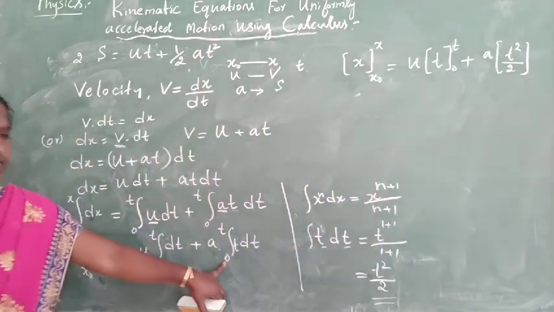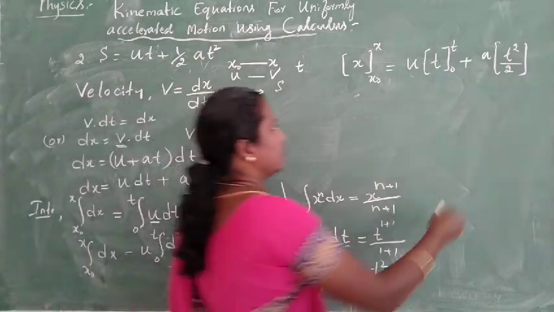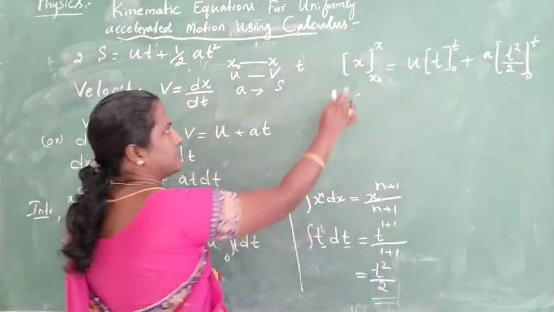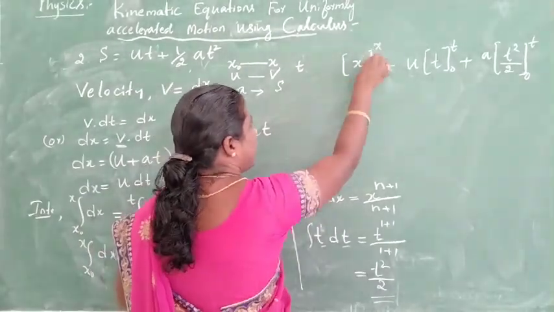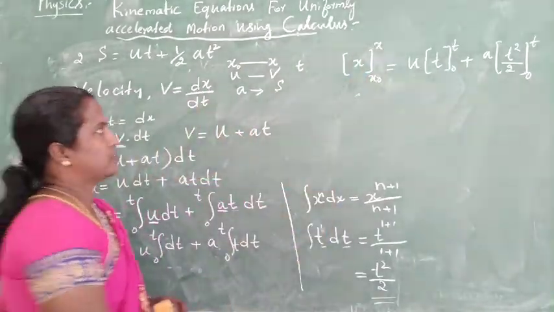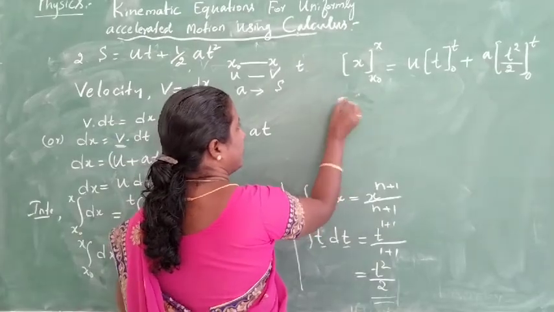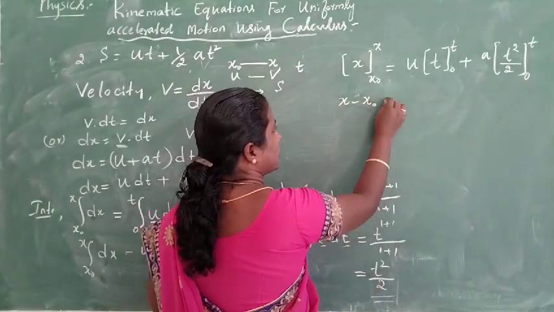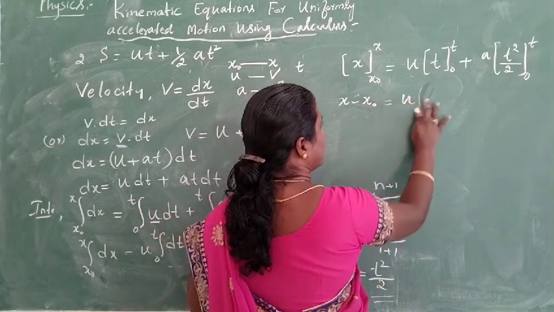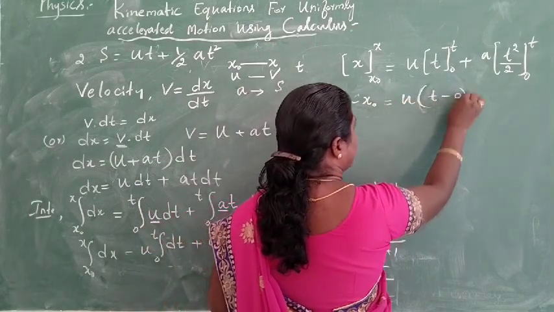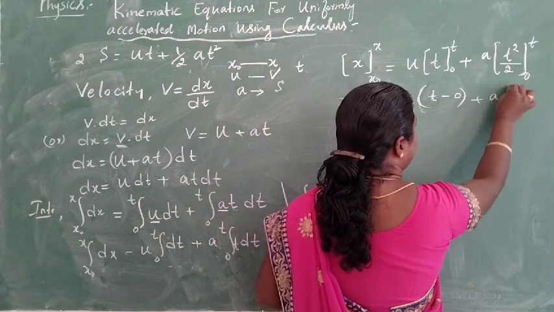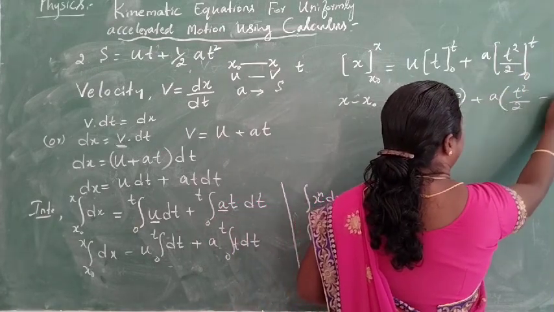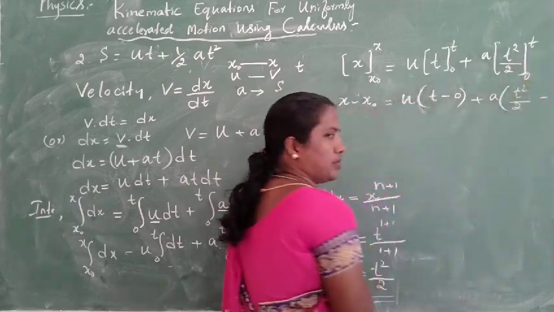Limits are changing, time 0 to time t. So now let us use the limits, upper limit minus lower limit. Inside the bracket term, that means here we can write x minus x naught is equal to u into t minus 0 plus a into t square by 2 minus 0. 0 by 2 is 0.